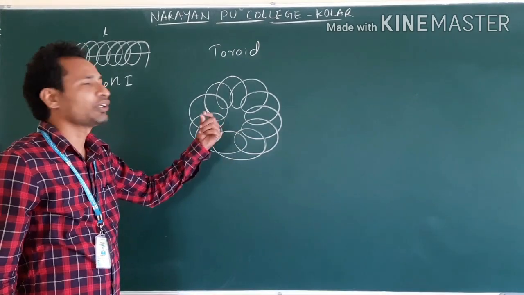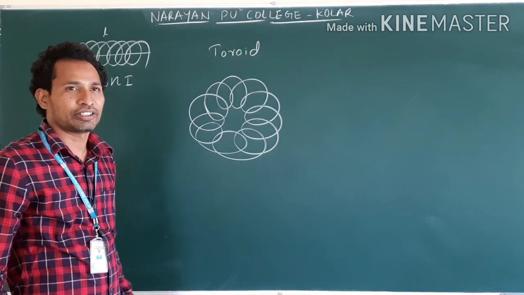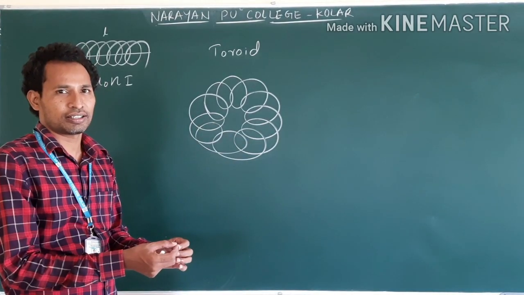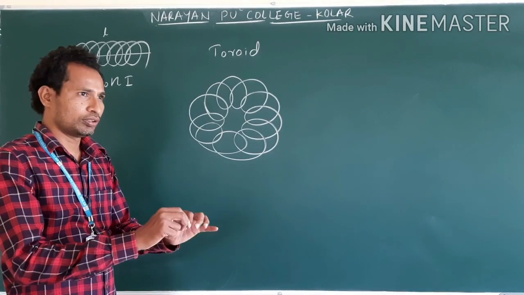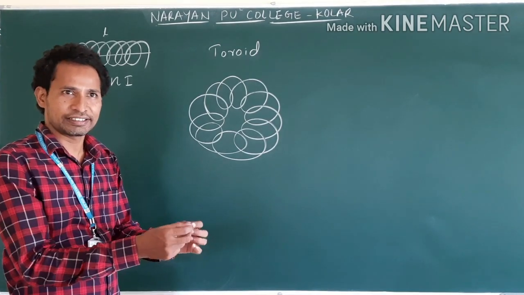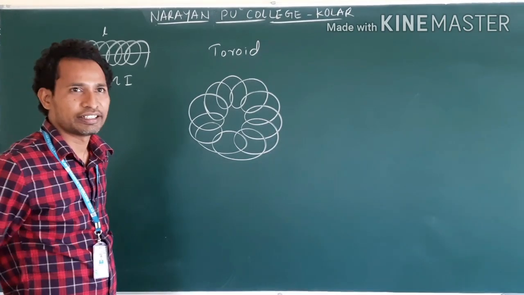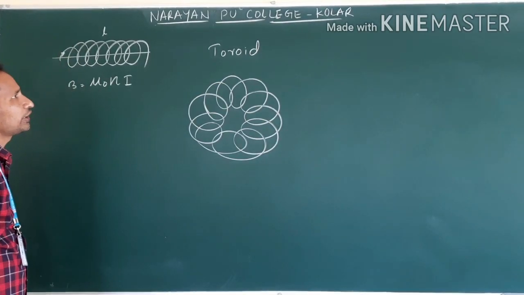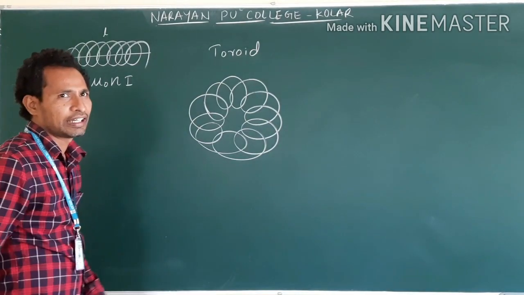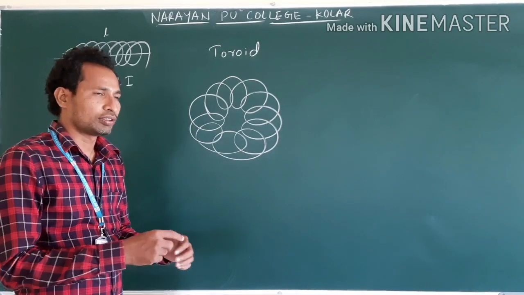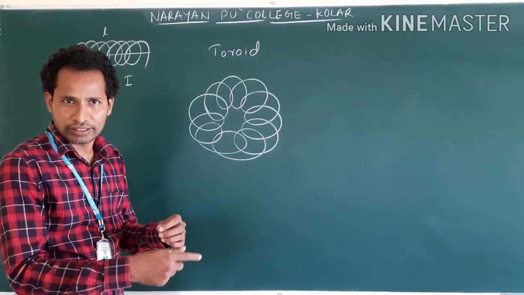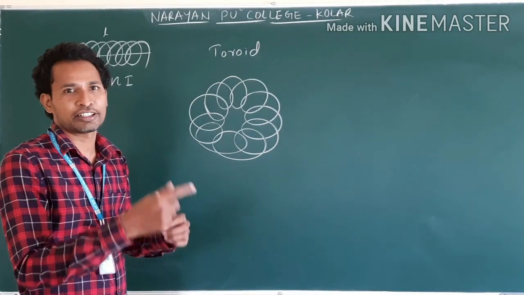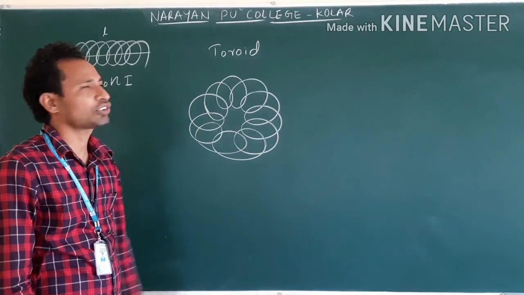Clear? The solenoid bent into a circular shape to connect its ends, so that we call it a toroid, or you can say a circular ring, a current carrying conductor wound on it. That we call a toroid.